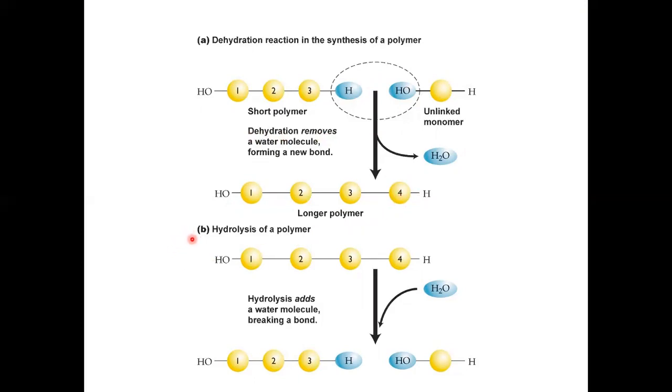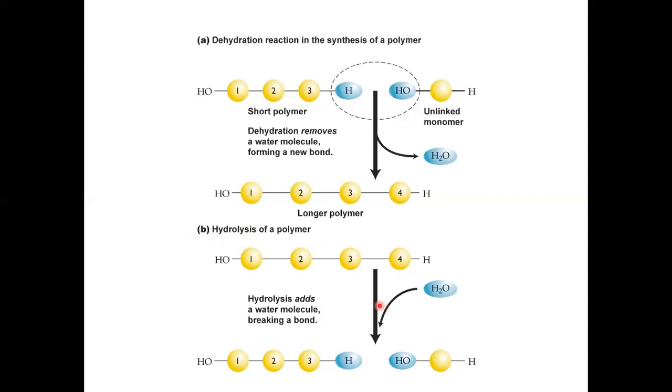Hydrolysis. So when do we use hydrolysis? Hydrolysis, first off, means adding water, and when you add water, you're actually breaking a bond. So here's a polymer of 4 glucoses, and let's say we want to snap this glucose off. You're going to add water, and don't forget that there's an enzyme here.